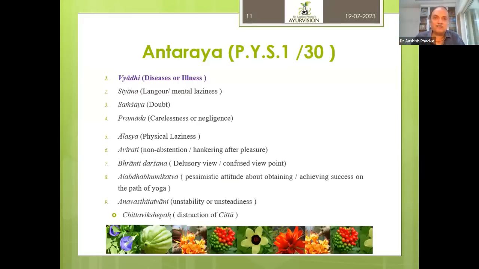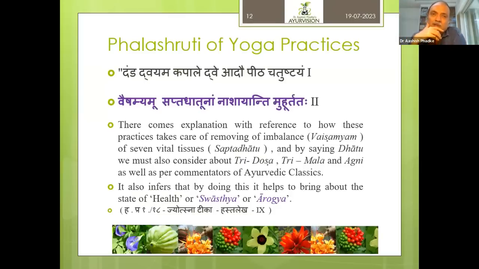So after this, let us come down to certain scripts and particular verses, and how we can understand the Ayurvedic aspect to understand those particular shloks better. Now, this is one particular verse. I have taken it from Hatha Yoga Pradipika, one of the famous texts.